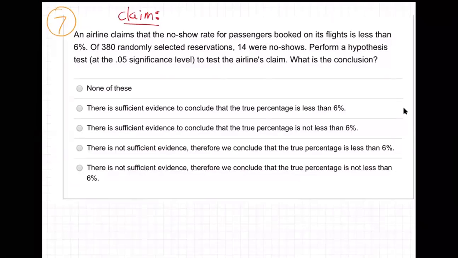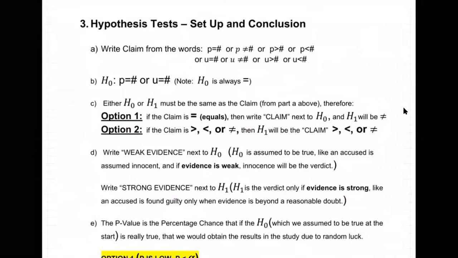So let's write it. And that's in the words, so you've got to practice reading these words. What do they claim? That the no-show rate is less than 6%. So is this a mean problem? Is this a mu? Remember, that's standing for the Greek mu, which is mean, average.